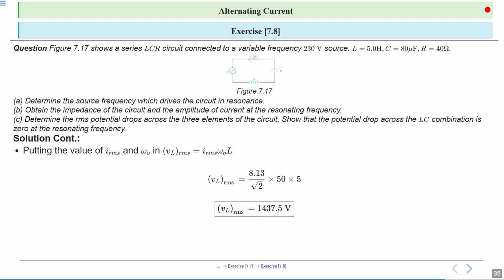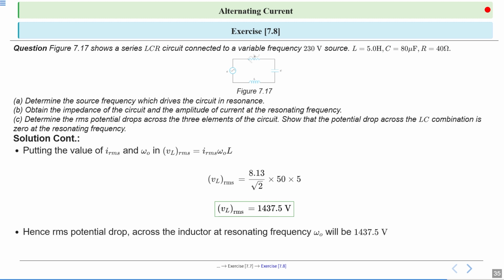After solving it, the RMS value of voltage across the inductor is equal to 1437.5 volt. Hence the RMS potential drop across the inductor at resonating frequency omega naught will be 1437.5 volt.